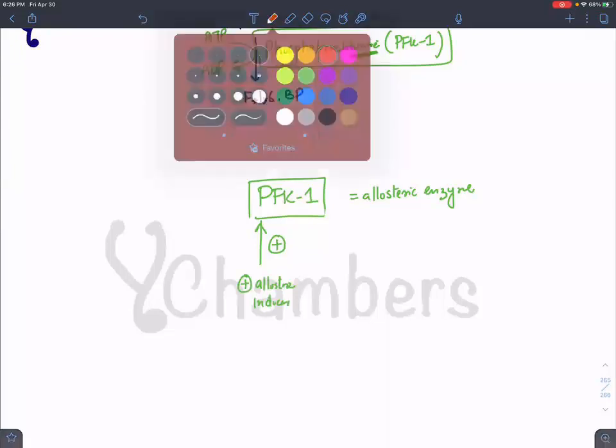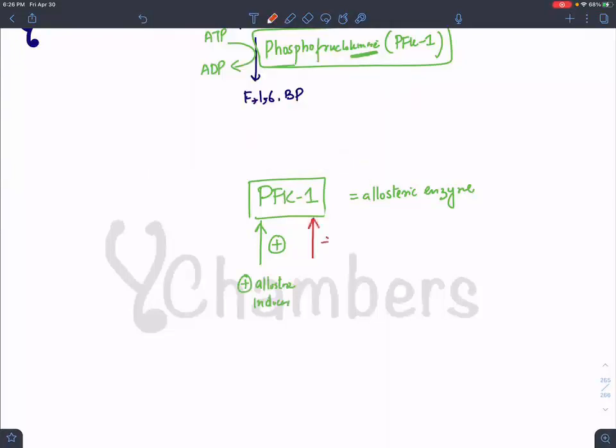And if something is inhibiting it, we say it is a negative allosteric, or an allosteric inhibitor. So negative allosteric, you can use the word.